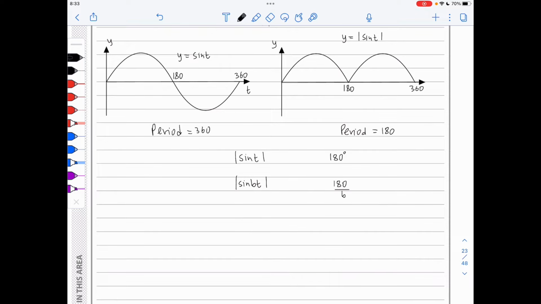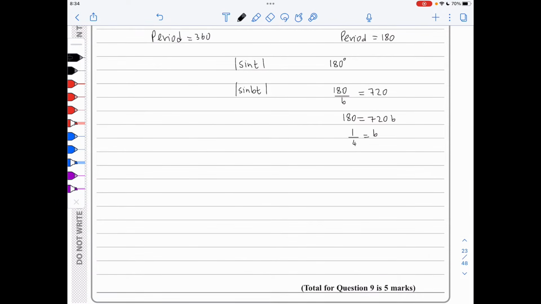So this period is the time needed for a complete revolution, and we have been told that this is 720 seconds, and therefore 180 over b is 720, which makes 1 over 4 the value of b, and therefore we conclude that the model is capital H is the modulus of 50 sine of a quarter t plus 1.15.